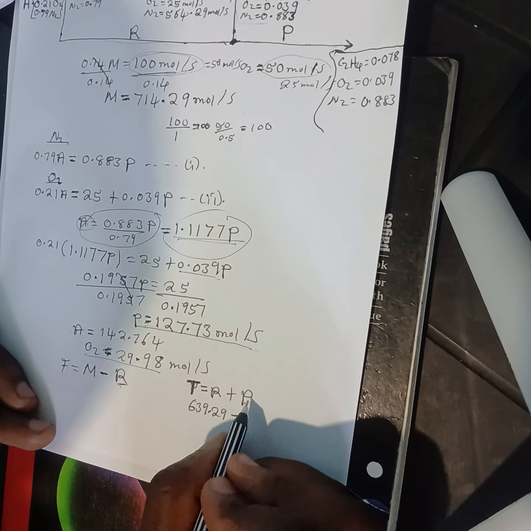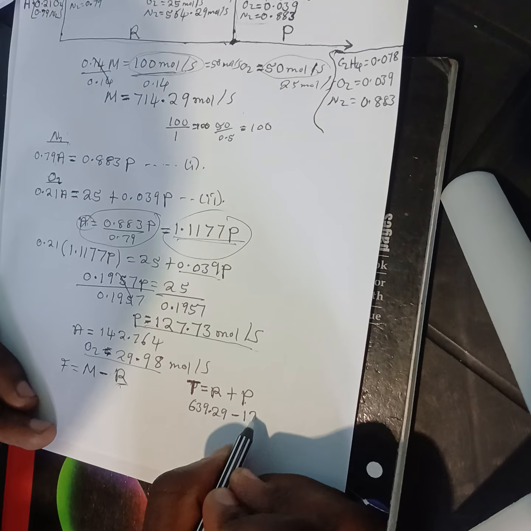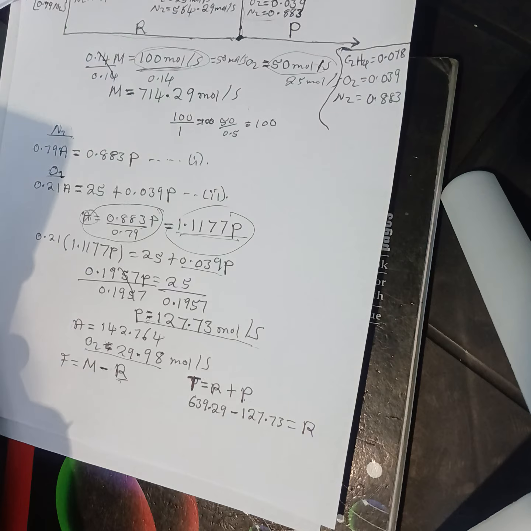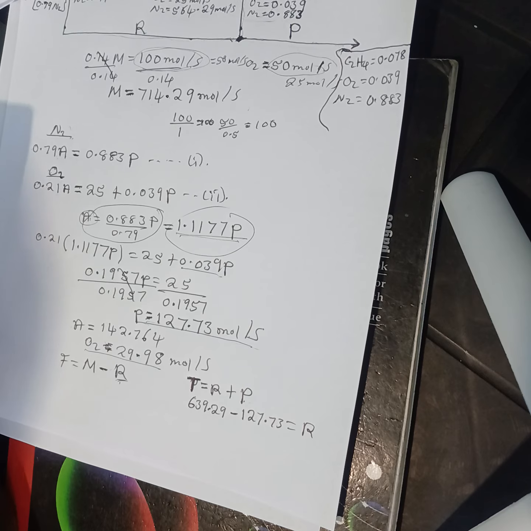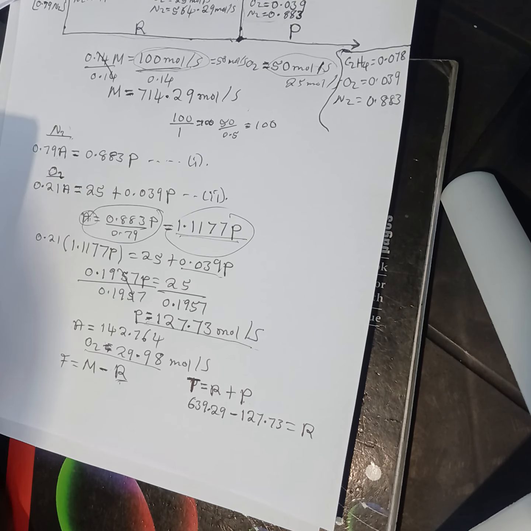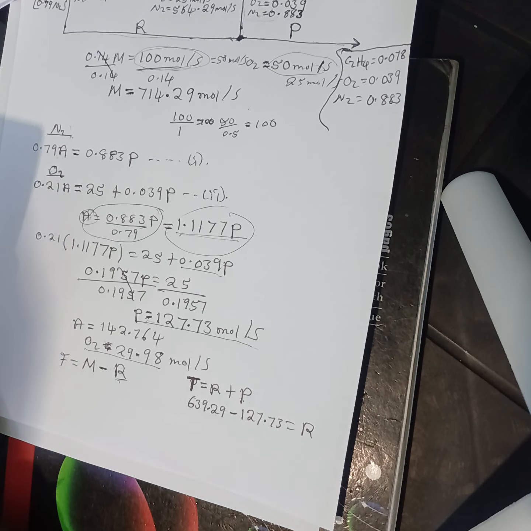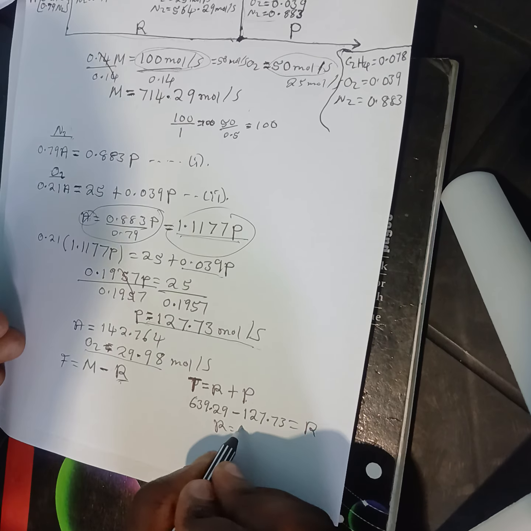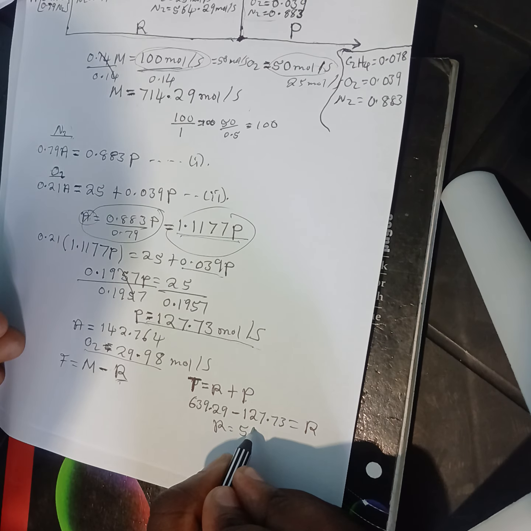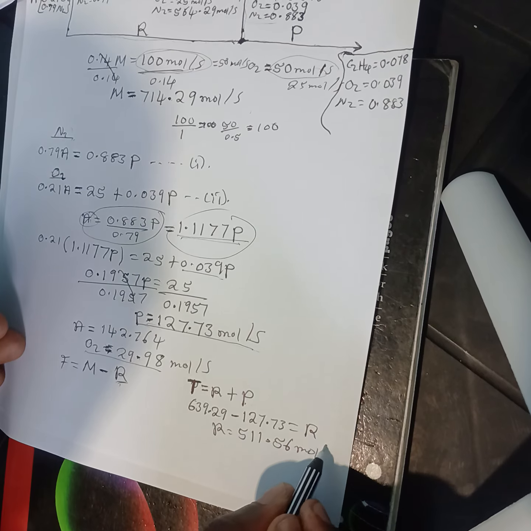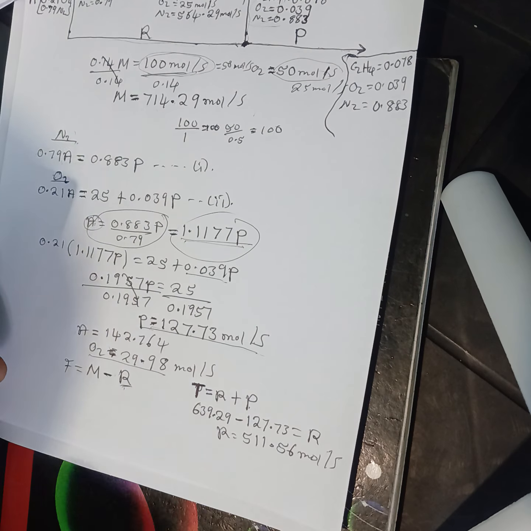So we subtract the P, which we got to be 127.73, to give us the recycled feed. So we have 639.29 minus 127.73 to give us the recycle to be 511.56 mole per second. So that's the recycle.